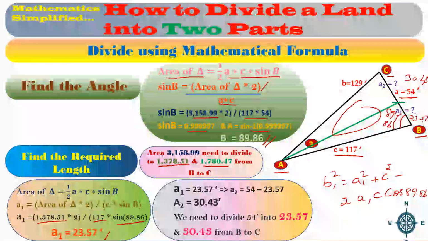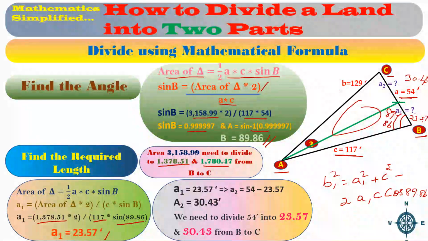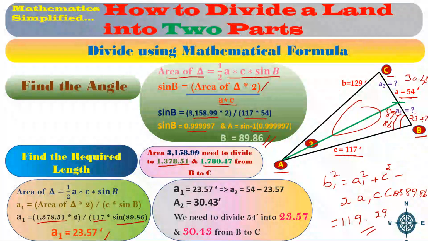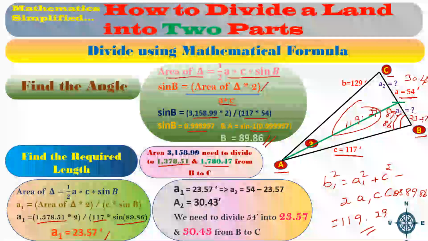Using this we can get it, and approximately it will come to 119.29. This is the length of this side, 119.29, so this also we can arrive at mathematically.